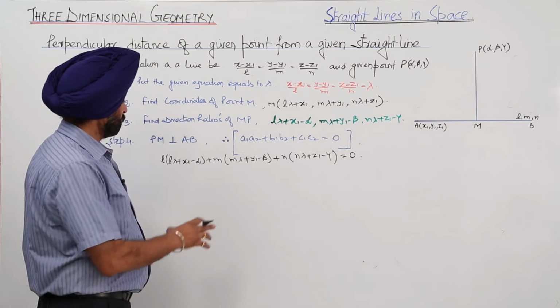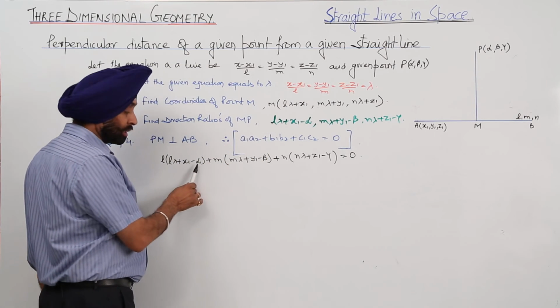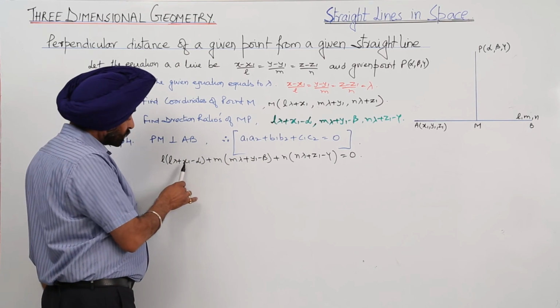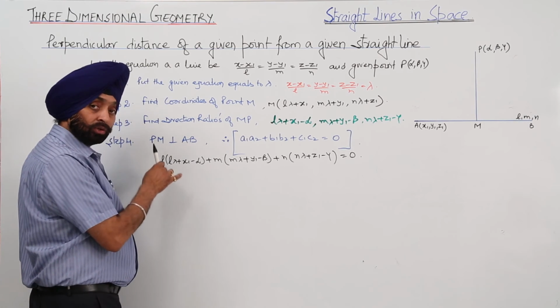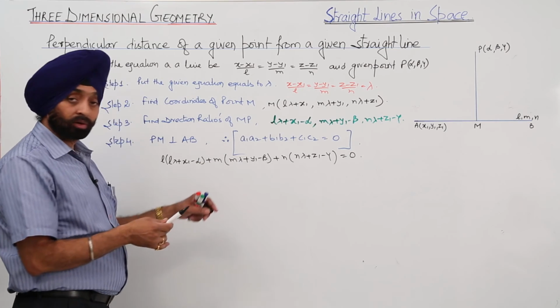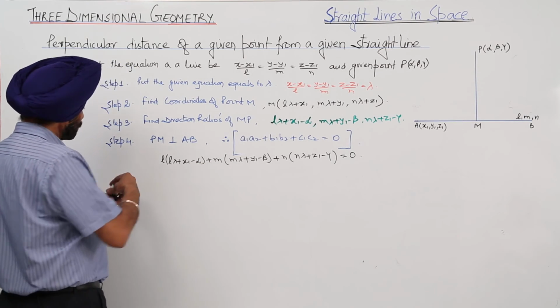Now the thing is, the coordinates of point P, alpha, beta and gamma, are already given to you. x1, y1, z1 are already given to you. The direction cosines L, M and N are also with you. So we can easily solve it.